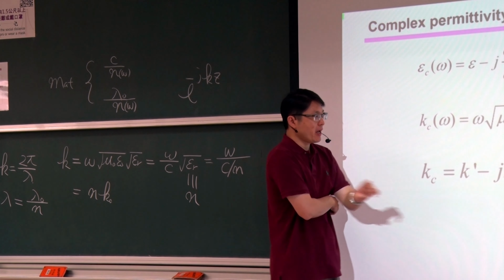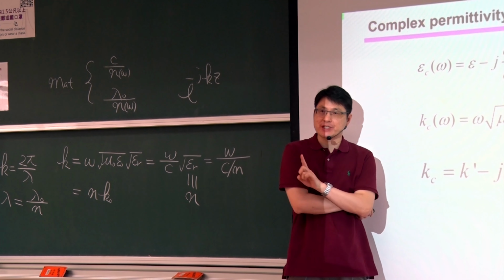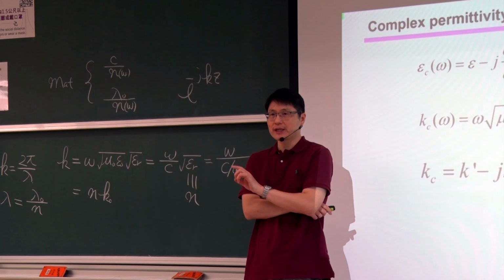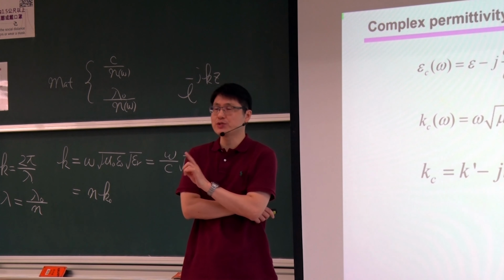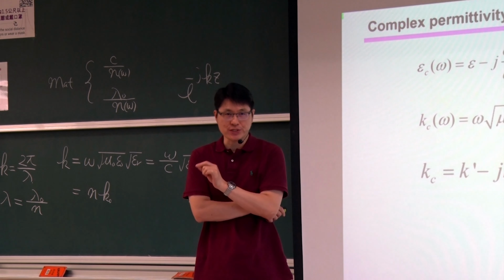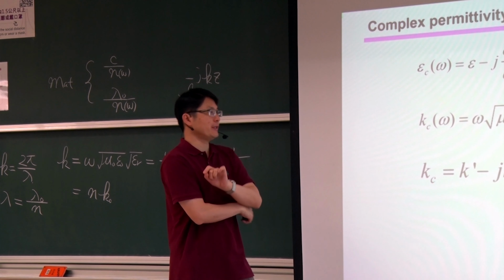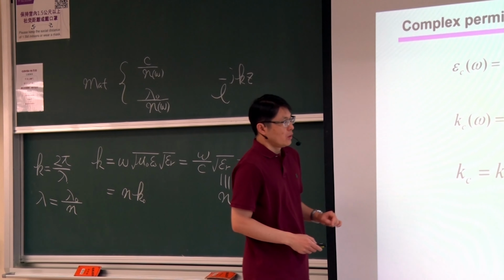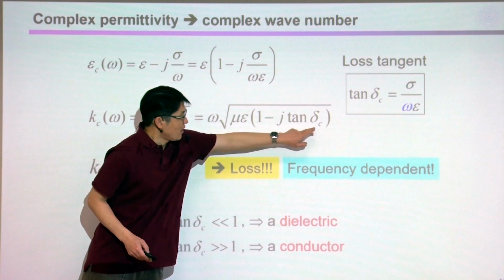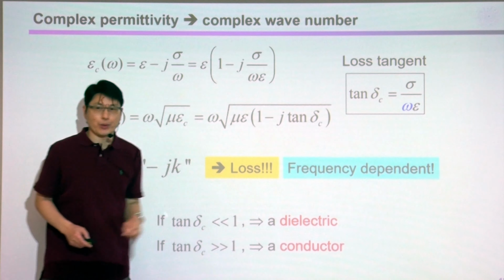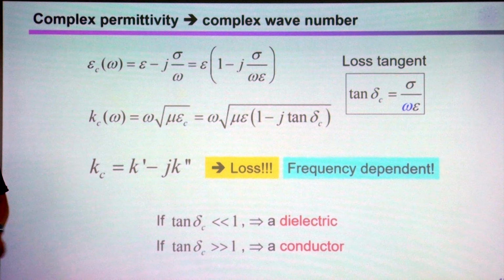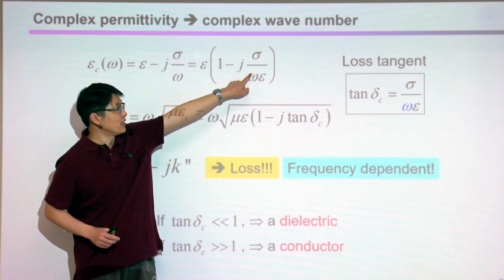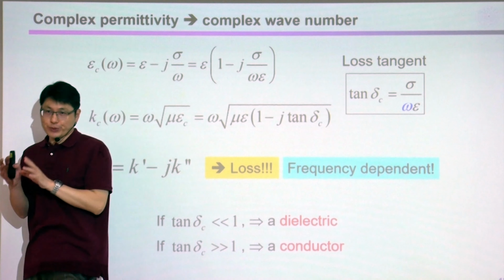So again, everything should be frequency dependent because we're using phasor notation in the frequency domain, right? When this loss term, or the imaginary part, is frequency dependent, explicitly, it is inversely proportional to frequency.